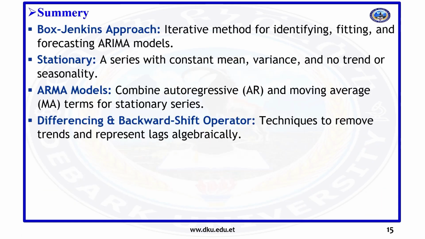Today, we discussed the essentials of Box-Jenkins modeling. We covered the Box-Jenkins approach, an iterative method for identifying, fitting, and forecasting ARIMA models. We learned about stationary ARIMA models, differencing, and the backward shift operator.